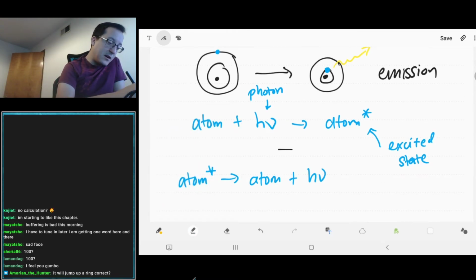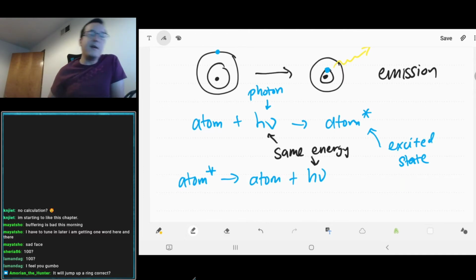What's important to note is that this is the same energy as it was before. So if you blast your atom with a yellow beam of light, if it undergoes this process, it will spit out that very same yellow light of exactly the same energy. So that means it has the same wavelength, same frequency, all that good stuff.